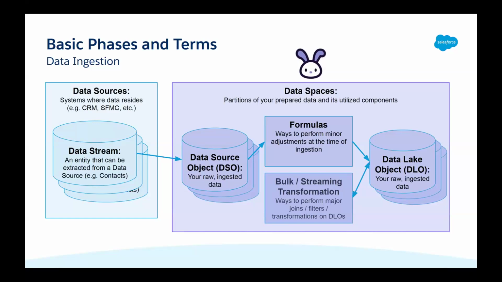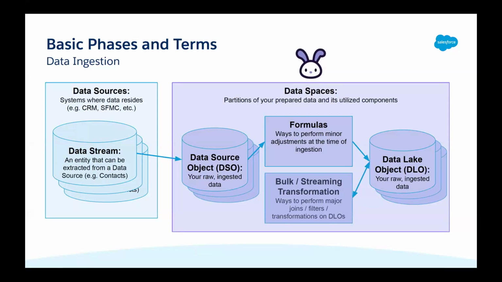This is the first object that's available for inspection and enables users to prepare their data by mapping fields and applying additional transformations. That's really the basic flow of how data is ingested into Data Cloud. This will be unpacked further in the next session on modeling.